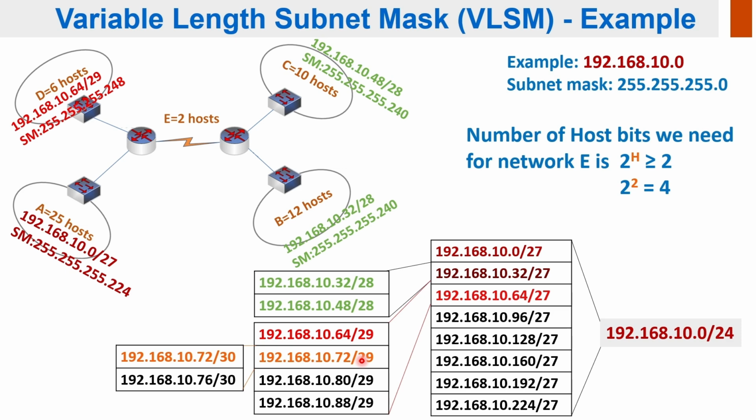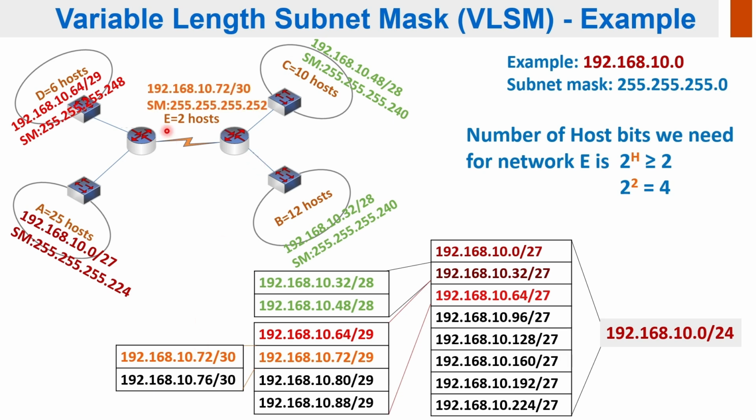If we borrow 1 bit, we get 2 subnetworks, and block size is 4. So 72 plus 4 is 76, and the prefix length was 29. Now we are borrowing 1 more bit, so 29 plus 1 is 30. And the first subnetwork, 72, the numerically lowest subnet, we are allocating to network E.